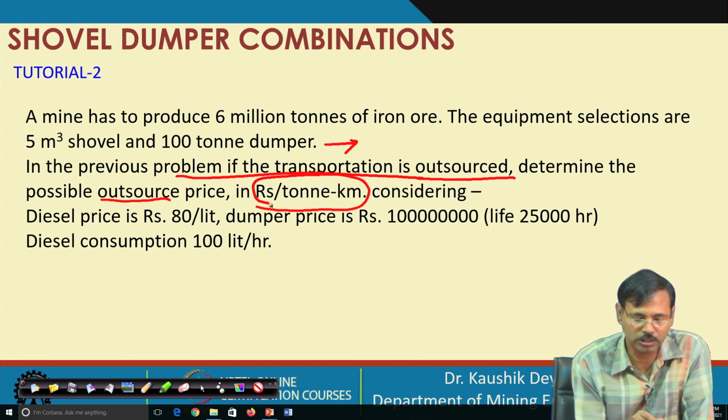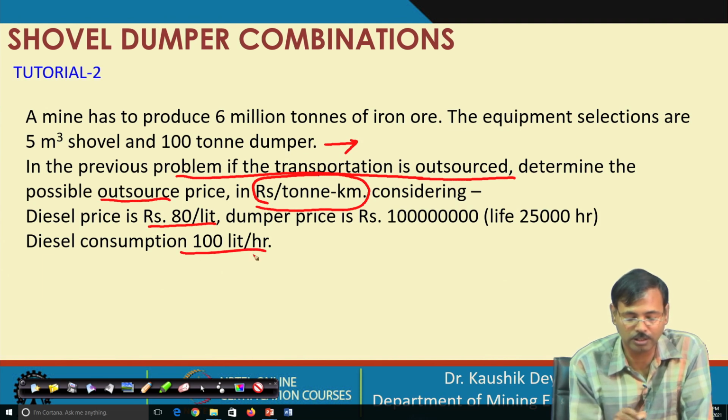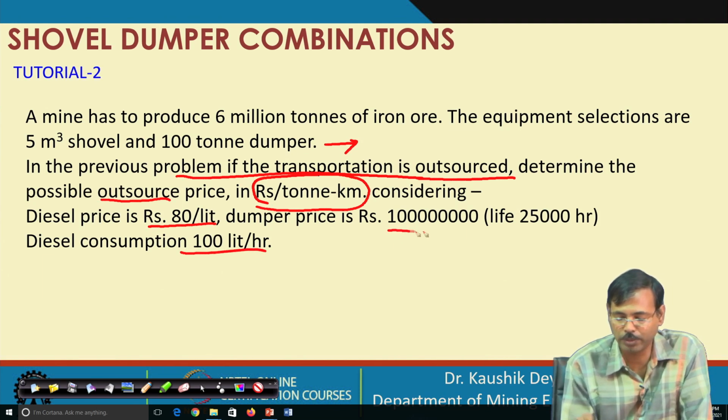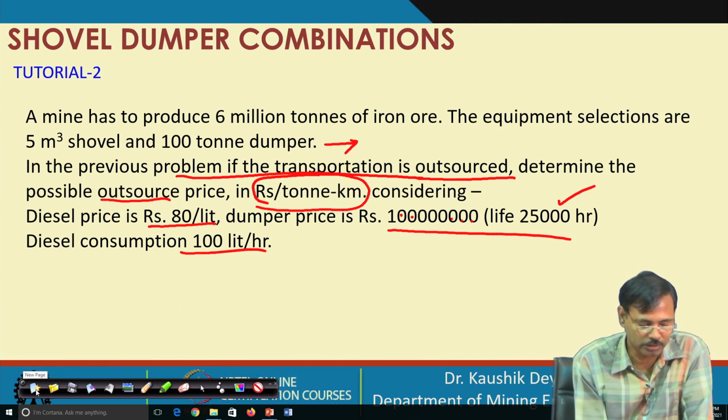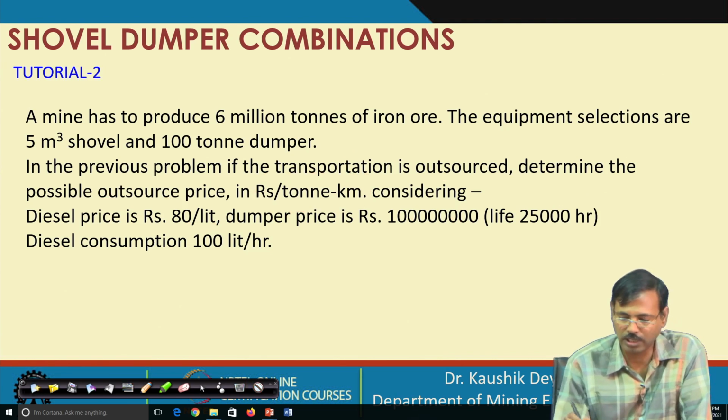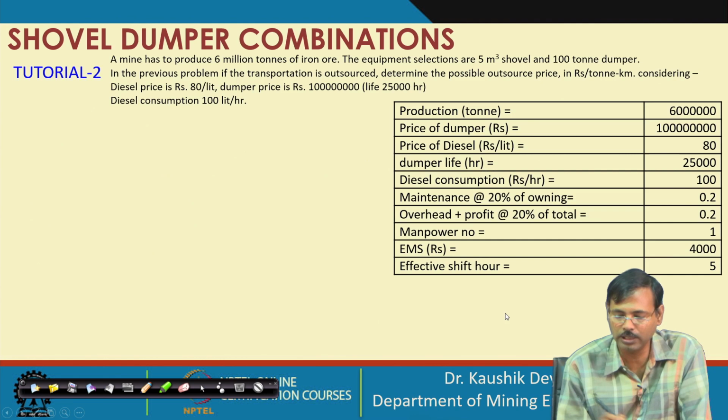And what are the considerations? Some of the considerations given here: diesel price is 80 rupees per liter, diesel consumption 100 liters per hour, dumper price is I think 10 crores, and its life is 25,000 hours, and there are other assumptions. Let us look at what other assumptions we are considering.